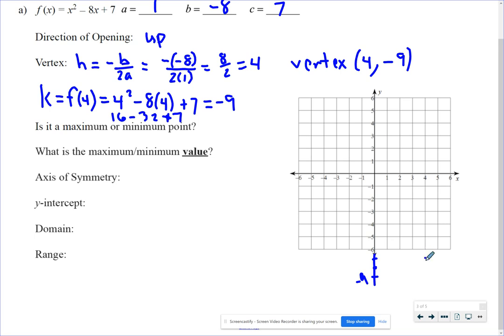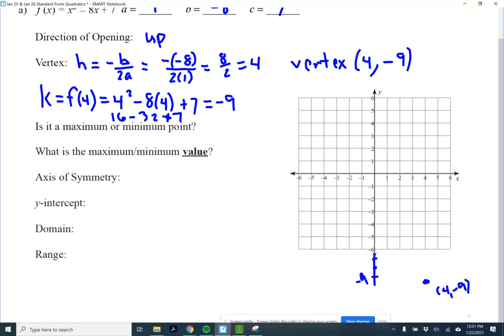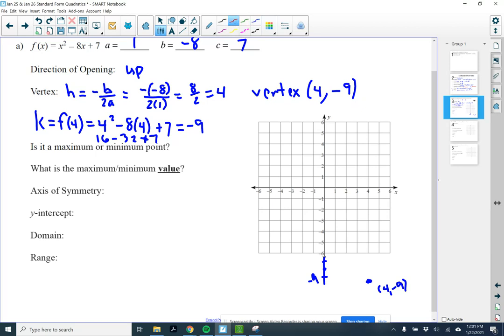So there's our vertex at 4, negative 9. Okay, I'm going to label that. That's the point 4, negative 9. And I'm going to change colors here, and I'm going to draw an axis of symmetry. Vertical line through the vertex. He's going to be a useful tool. That axis of symmetry is a useful tool to help you graph. We'll talk more about that.